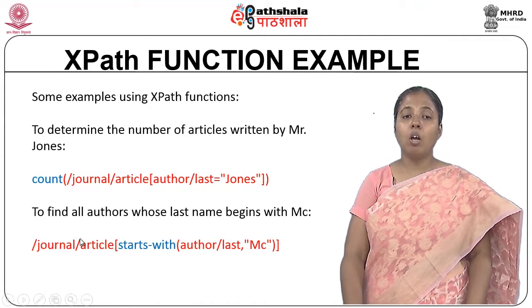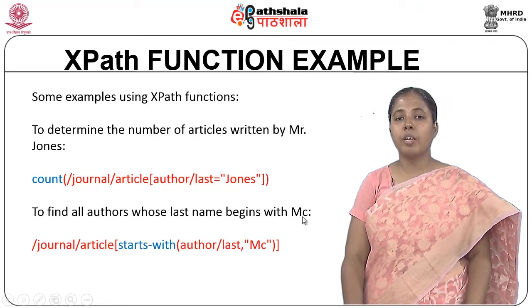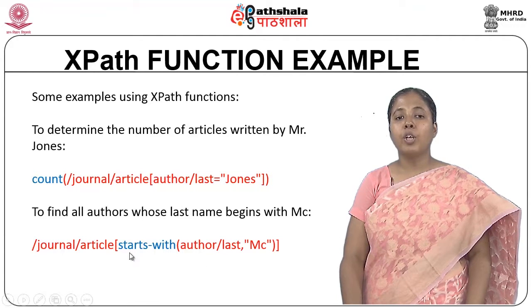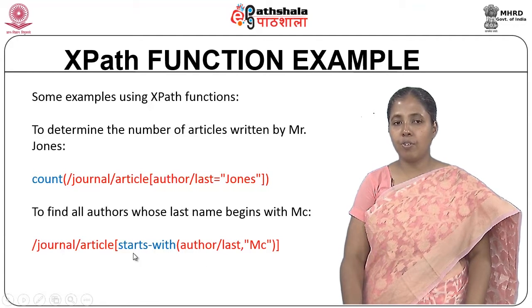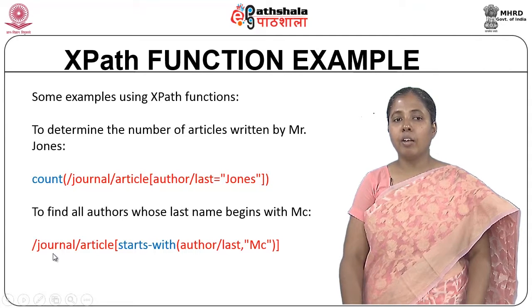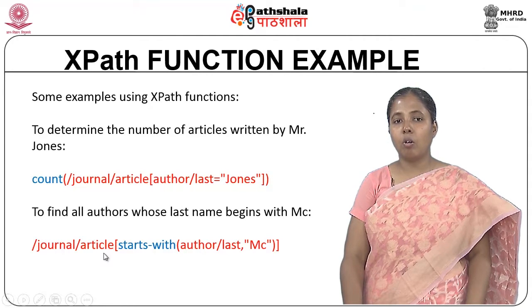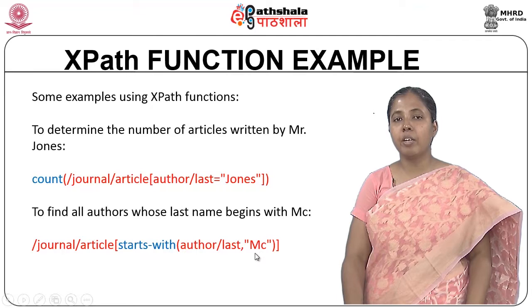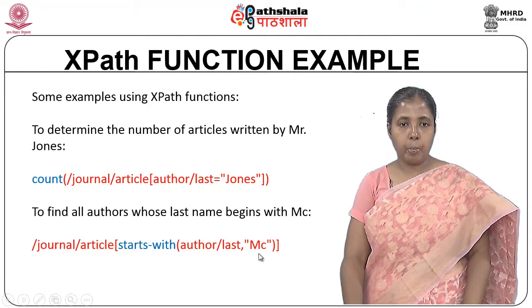To find all authors whose last name begins with MC, we use a string function called starts-with. So, it finds all articles whose author's last name begins with MC.